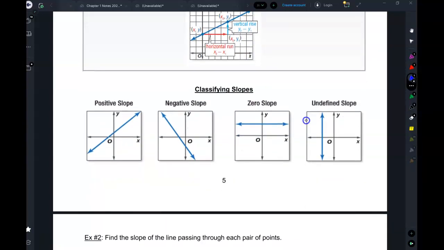Now, a few things about slope. If you have a positive slope, then when you graph that line, it is an increasing line. Graphs in math are read from left to right, like English, not Hebrew. So left to right, this is increasing, which means it has positive slope, or vice versa.